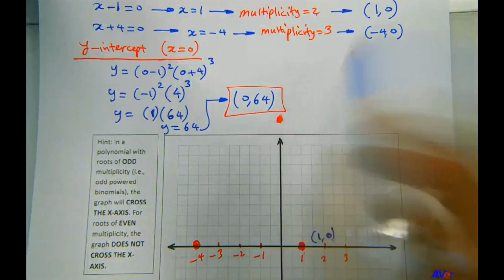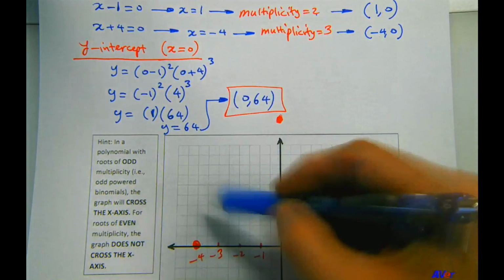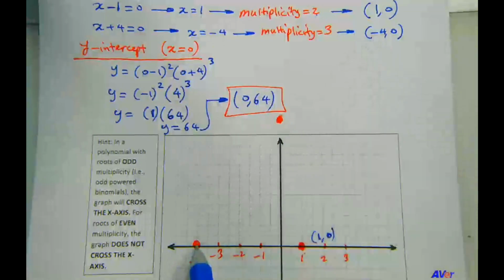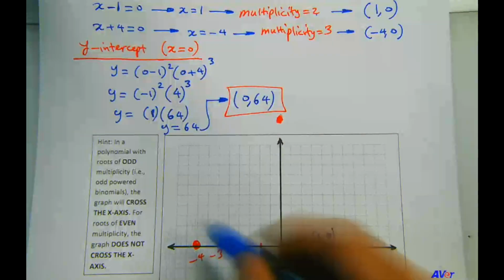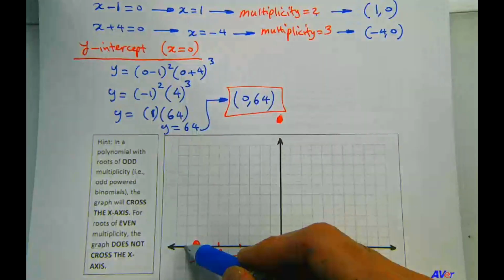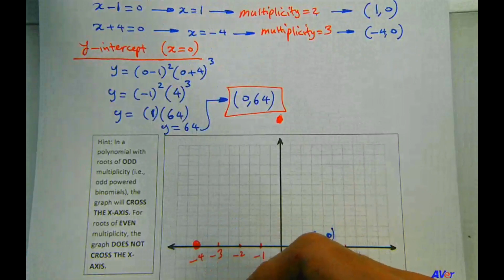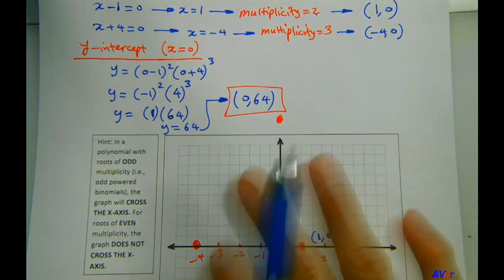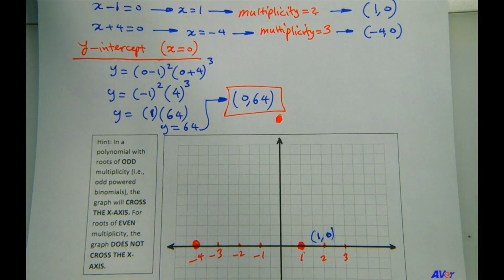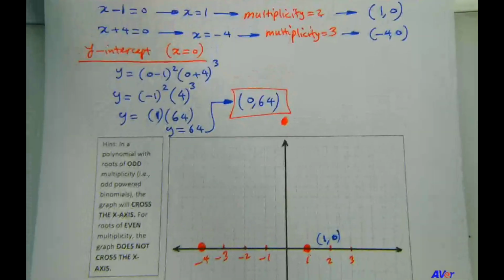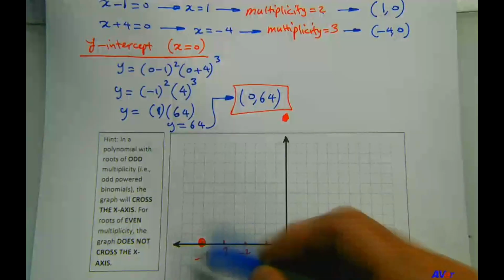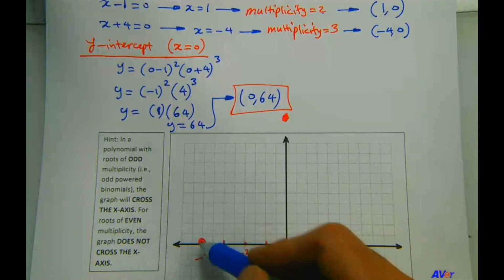So let me pick a test point on the left of negative 4, 0. Because we need to find out whether the y value is positive or negative. Because I don't know, since I'm drawing this manually, right? I know what's going to happen to the graph of the polynomial once it hits this point.